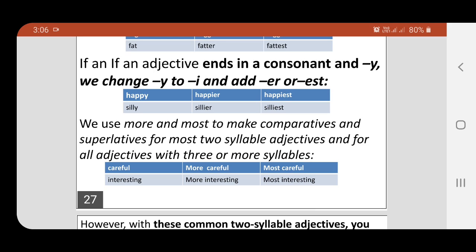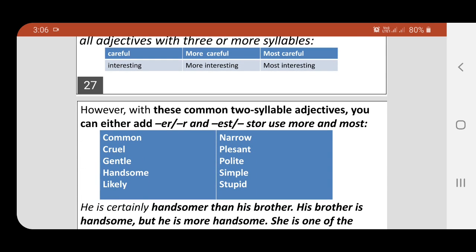We use more and most to make comparatives and superlatives for most two-syllable adjectives, and for all adjectives with three or more syllables. For example, careful. You should be more careful, comparative adjective.